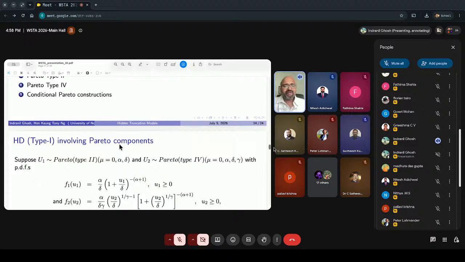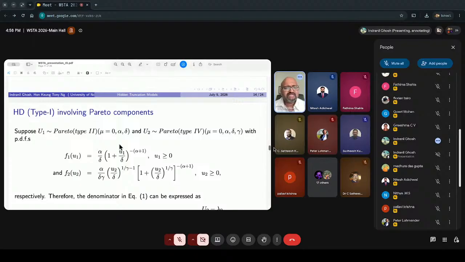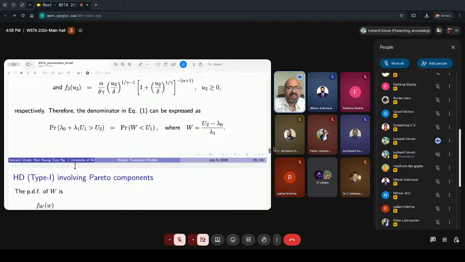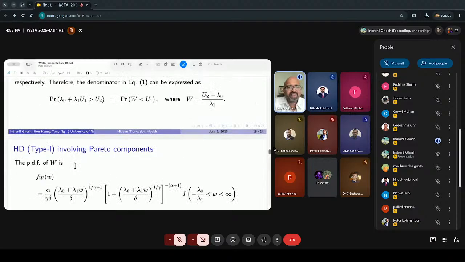So in HD type 1 involving Pareto components, we choose U1 to be Pareto type 2 with location 0, and U2 as Pareto type 4, which gives us these index of inequality as well. So we have these well-defined marginals, and typically the expressions would simplify to this.